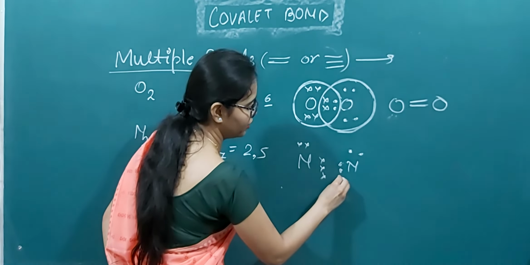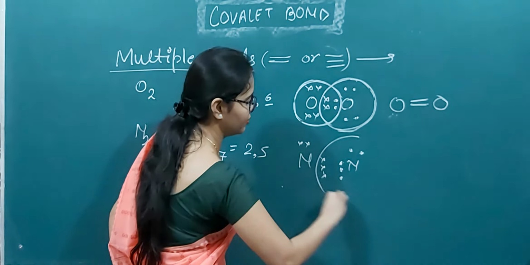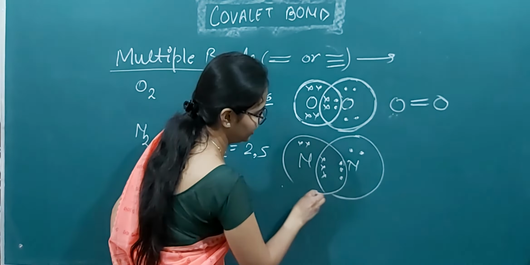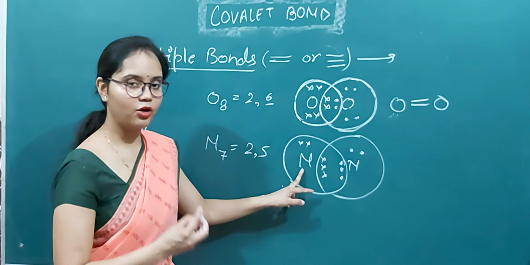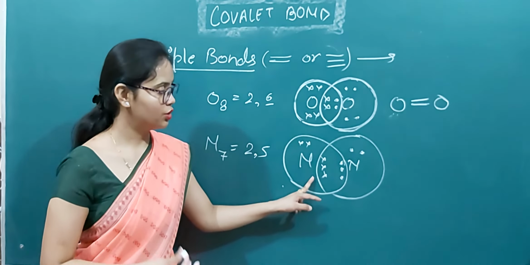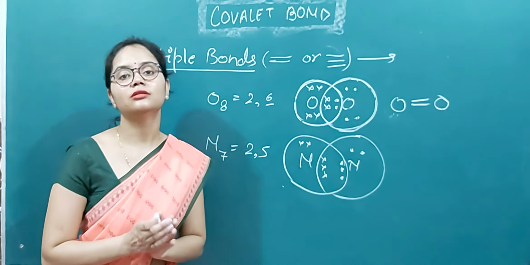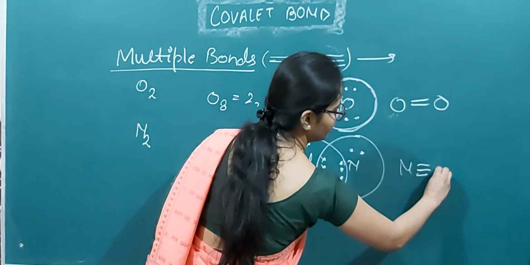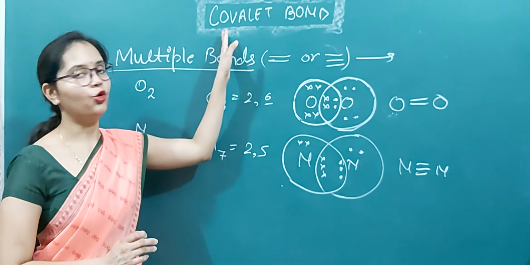This is not the rule, you can draw the same electrons for both atoms. They can complete their octet by sharing 3 pairs of electrons. As they already have 5 electrons, to complete their octet they need 3 more electrons, which they get by sharing 3 pairs. As 3 pairs are shared, a triple bond will form in the nitrogen molecule.